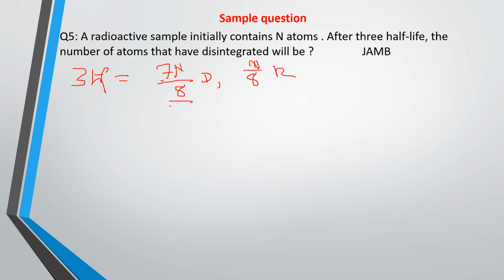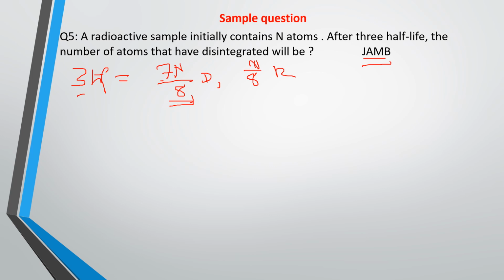So my answer is 7/8 n. This is a JAM question, not WAEC, and it's an objective question. So at 3 half-lives, this is what will have decayed. I will not need to solve anything.